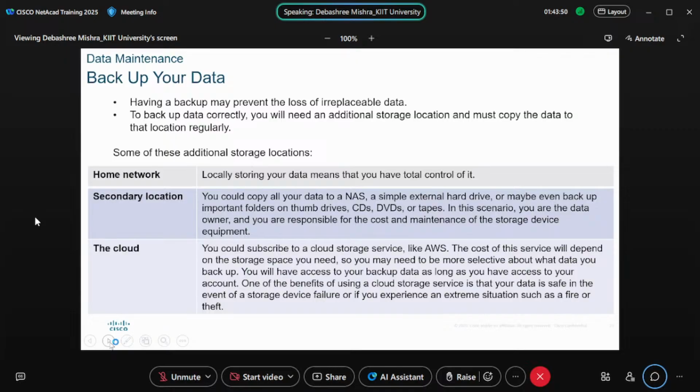But when you are talking about cloud technology or cloud storage devices, there comes the AWS platform, where we need to pay a certain amount of money to get additional services for this type of backup. This also provides your backup, and it will also give you access to your accounts.